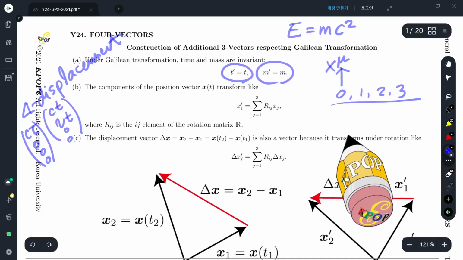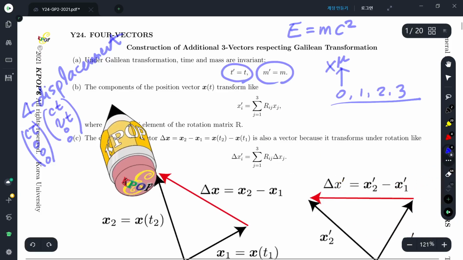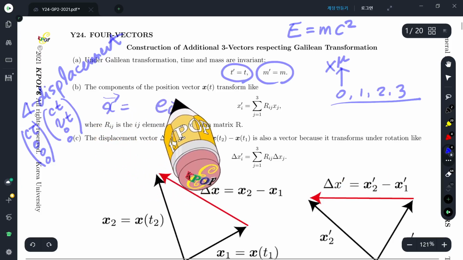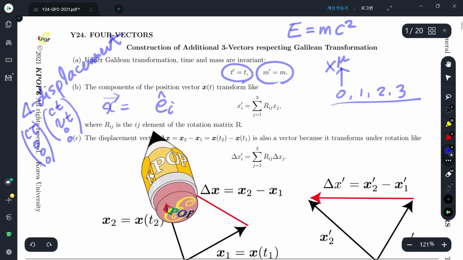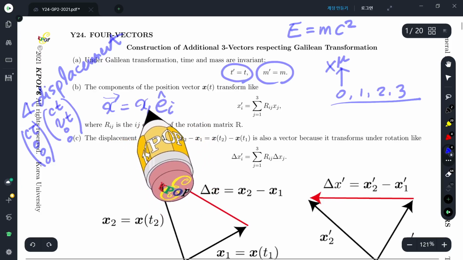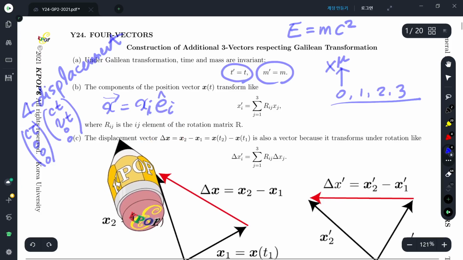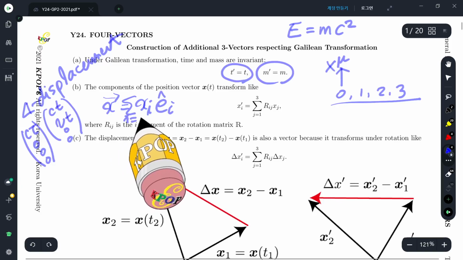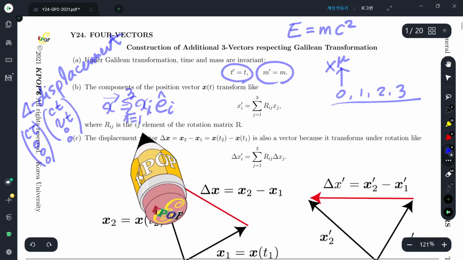If we consider a vector, the vector has components. e_i hat is the unit vector along the Cartesian axis. x_i will be the ith component, so i is to be summed from 1 to 3.